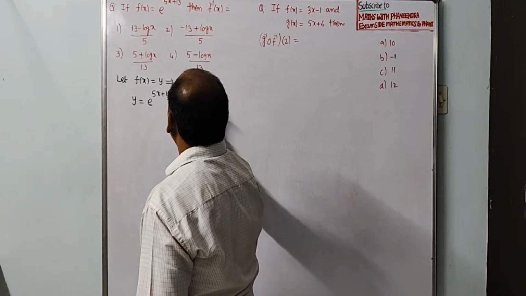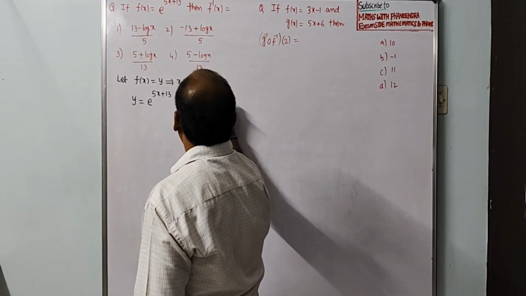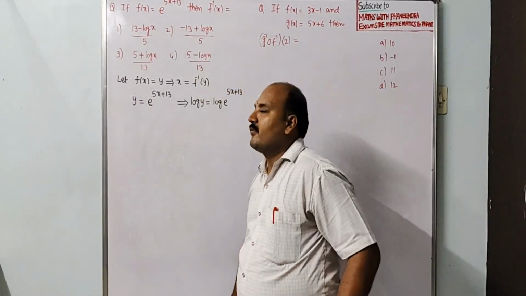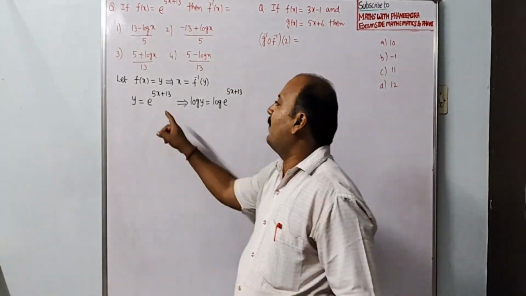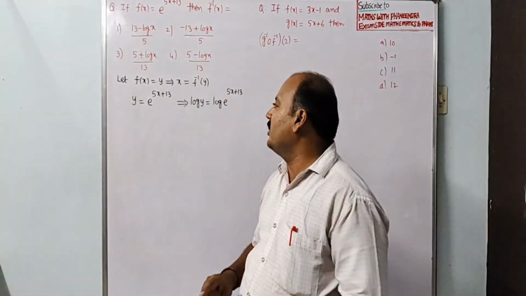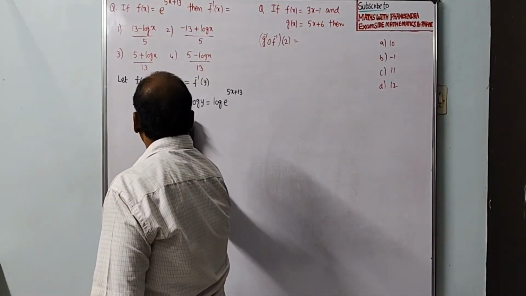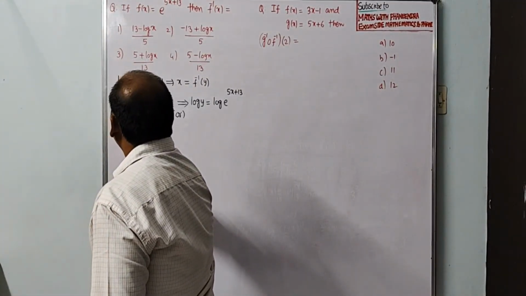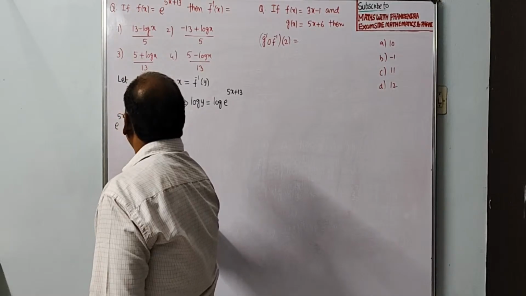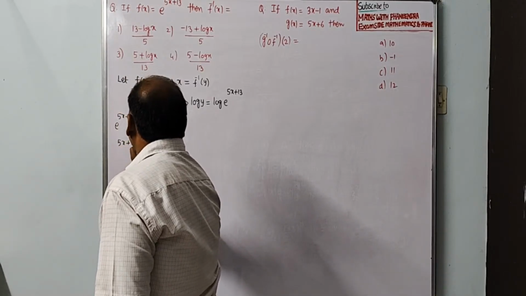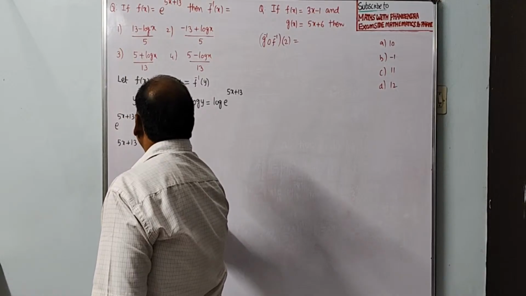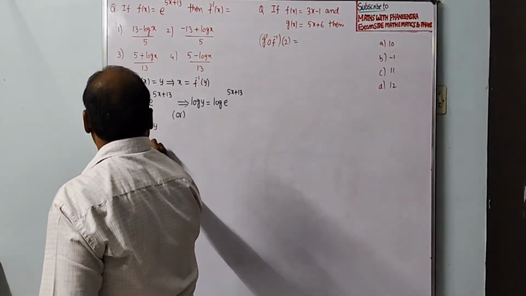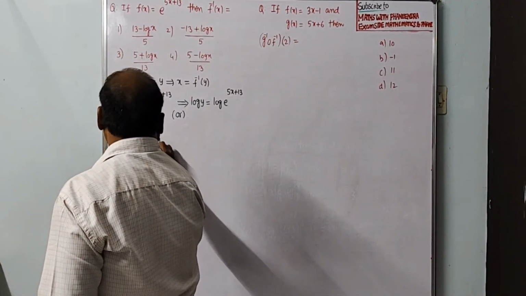Taking log on both sides, log y equal to log e power 5x plus 13. Otherwise, a power x equal to n, like this also you can do it. Suppose you are not getting any idea, you write like this, dear students: e power 5x plus 13 is equal to y. 5x plus 13 equal to log y to the base e.